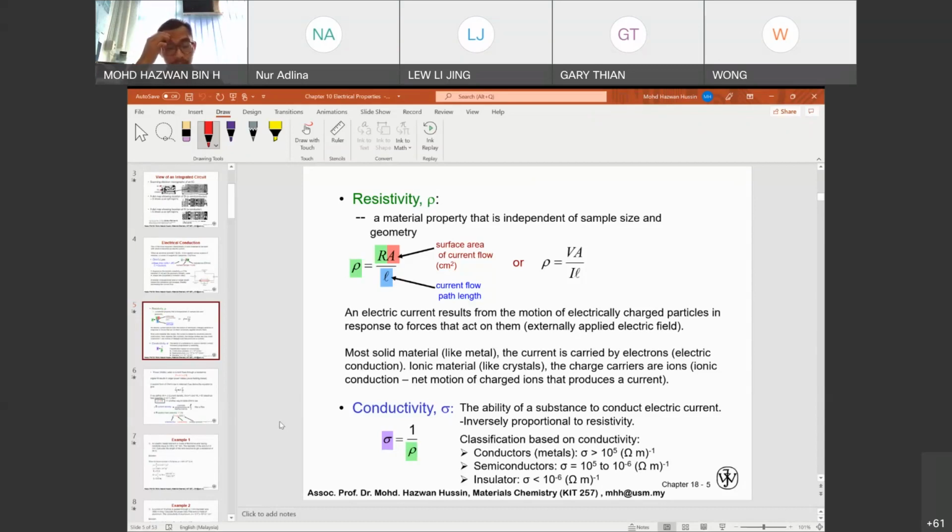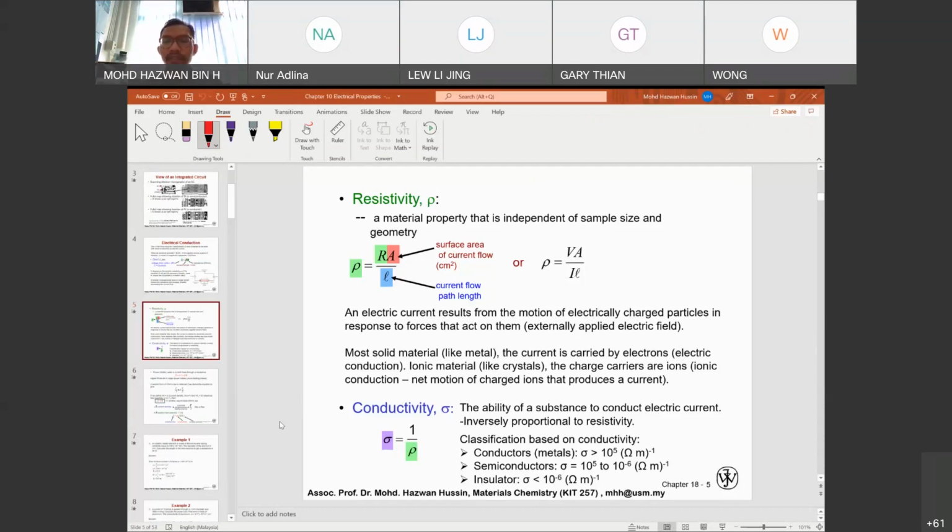So this explains the example I gave you. When you have two rods with lengths of 10 centimeters and 2 centimeters, 10 centimeters will give a slightly higher resistivity as compared to 2 centimeters. Then with higher resistivity, the conductivity will be slightly lower.